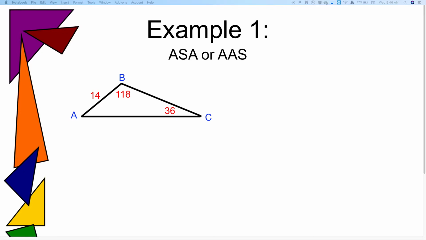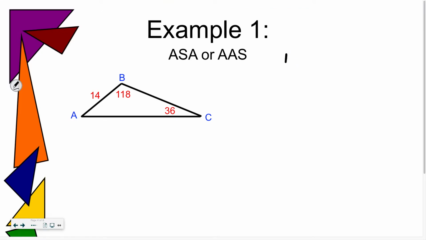Okay, so notice in this triangle, we do know one side, which is essential for us to be able to solve the rest of the triangle. I know 3 things. If you want to, you can write out the 6 things that you should know, like when we were solving right triangles: 3 angles and 3 sides.